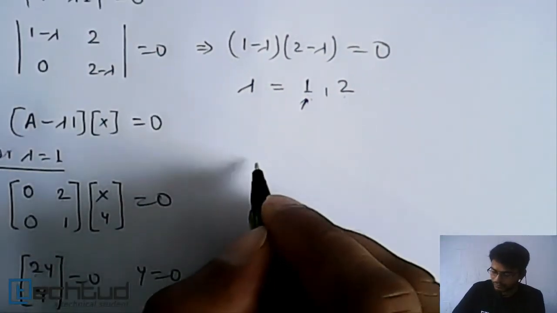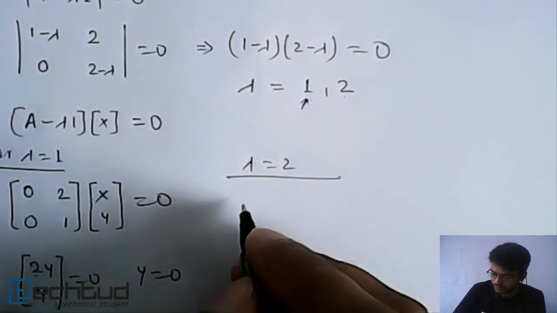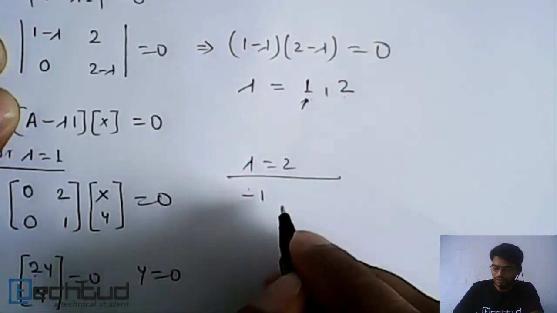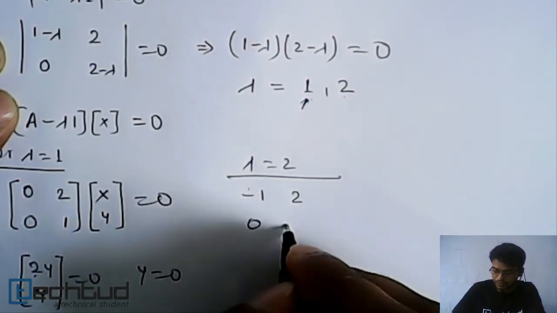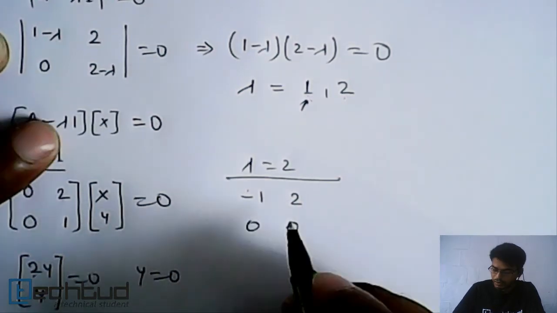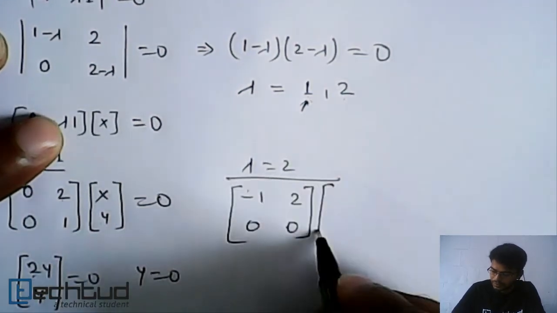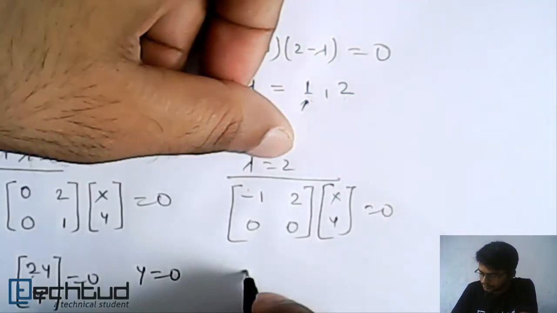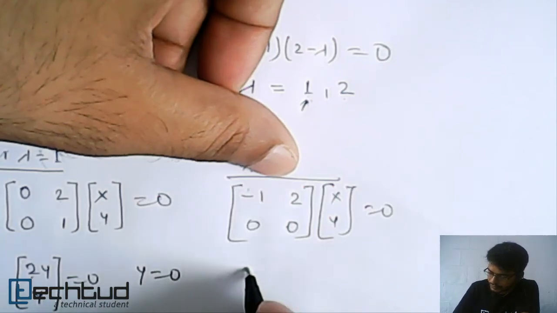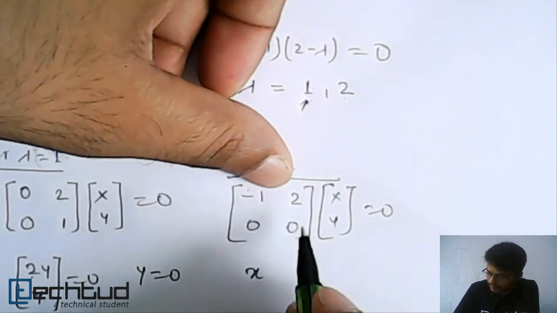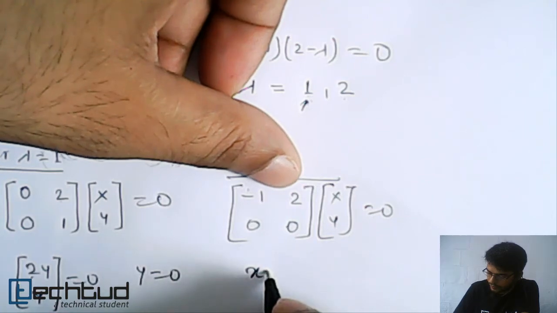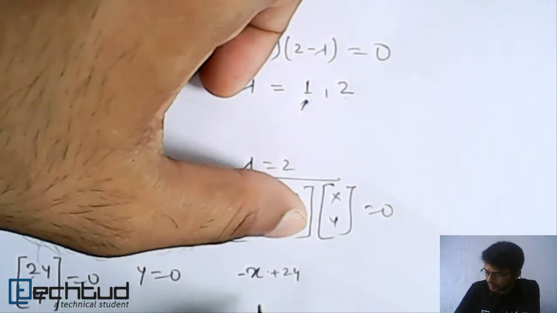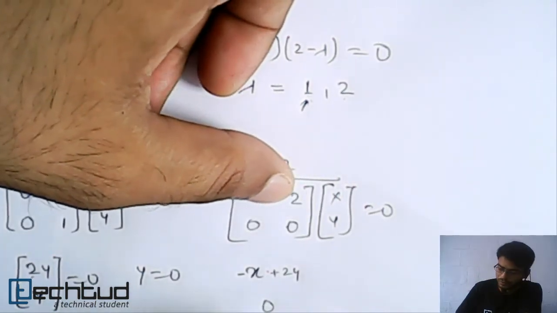Now if we calculate for lambda equal to 2, if we subtract 2, it will be equal to minus 1, this will be equal to 2, this will be equal to 0, and this will be equal to 2 minus 2, which is equal to 0. We will multiply this with x and y equal to 0. So if you multiply, this will become minus x plus 2y, and this will become 0.